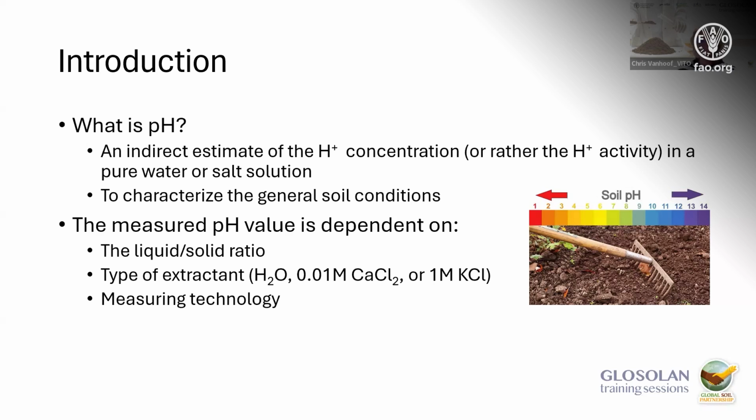We do an extraction with a liquid extract, and it's dependent on, of course, the liquid soil ratio, the type of extractant. We have defined different extractants in the procedures. You have water, you have calcium chloride, and you have potassium chloride. And of course, the measurement technology, which pH electrode you use, and so on.